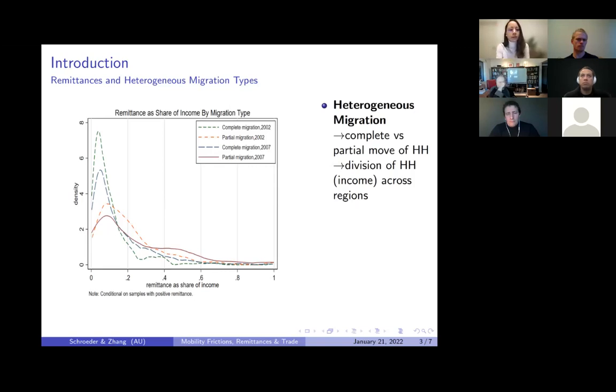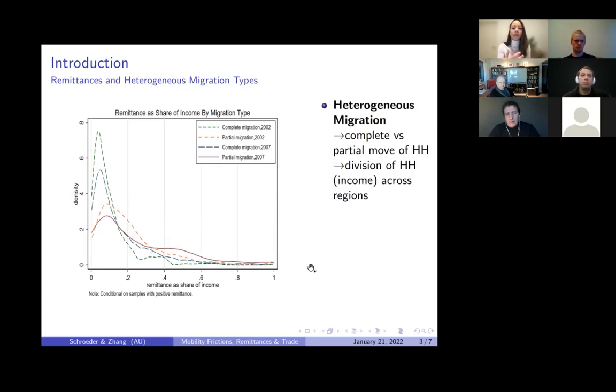Now, what you can see is the density of remittance shares of income by different migration types. We have the complete migrants in 2002 and 2007, and we have the partial migrants. And what you can see is that, on average, partial migrants, as we would expect, remit a greater proportion of their income back home. And this distribution is more skewed.